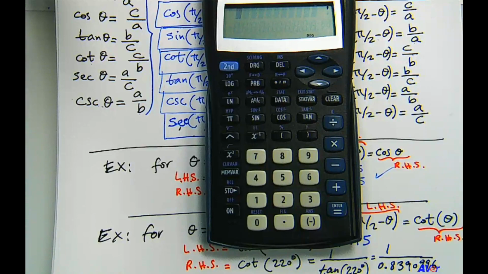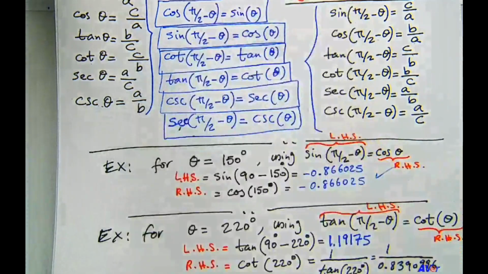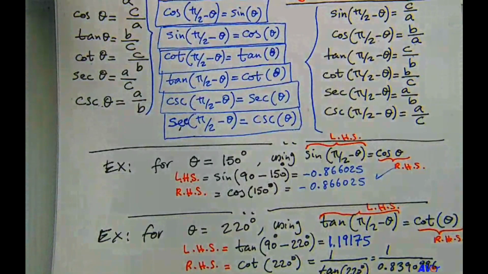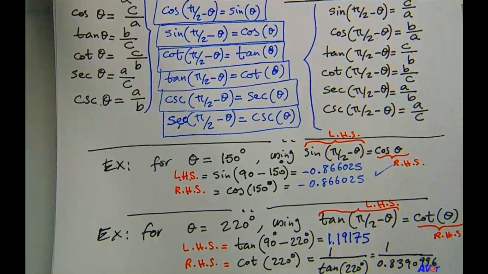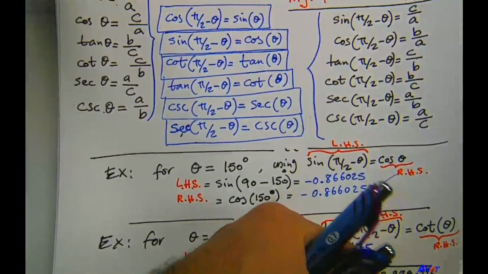So if you're interested in calculating the secant of any angle, you simply find the cosine of that angle, because the secant function is the reciprocal of the cosine function. So you find the cosine, you take the reciprocal of it with this button, and you have the secant for that angle. Okay, so now we can move forward to the squared identities.